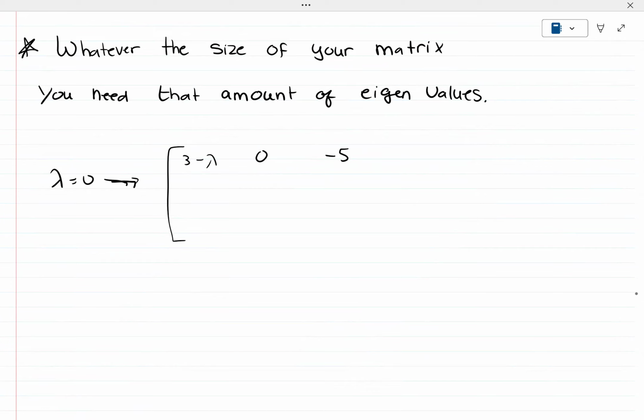And we augment with vector 0. And then this number here, matrix A had 1/5, let's say the same. And then it's going to be -1.